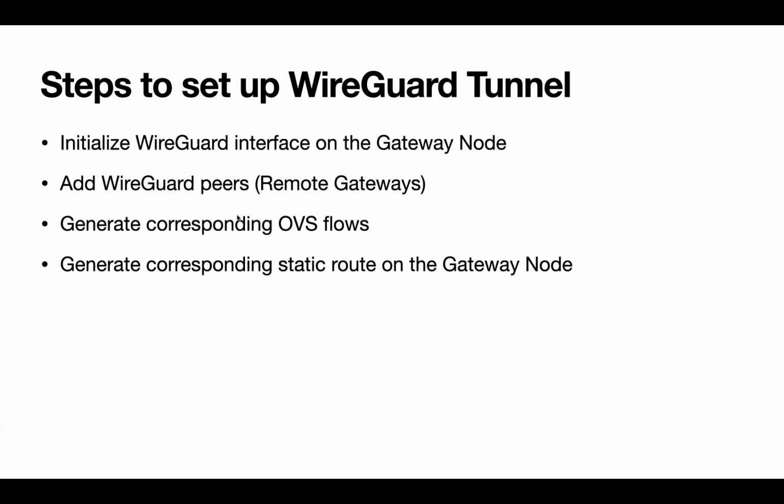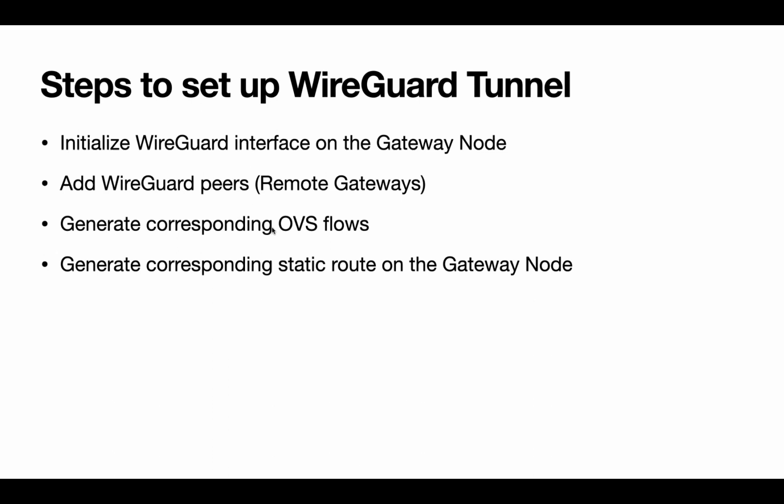In our current implementation, on the server side, there will be some flows to the corresponding clusters. So if one cluster was added as a peer, the controller will need to generate the corresponding OVS flows.